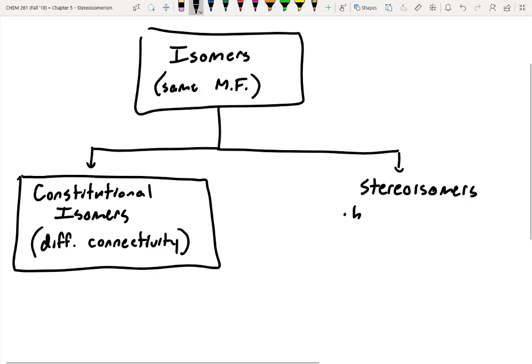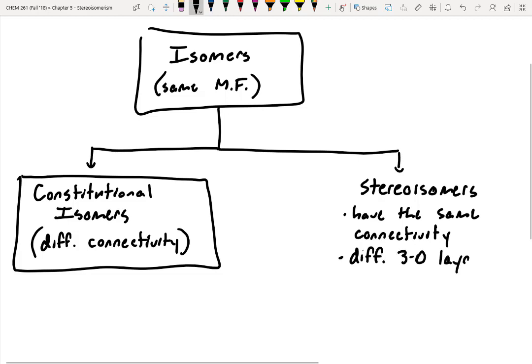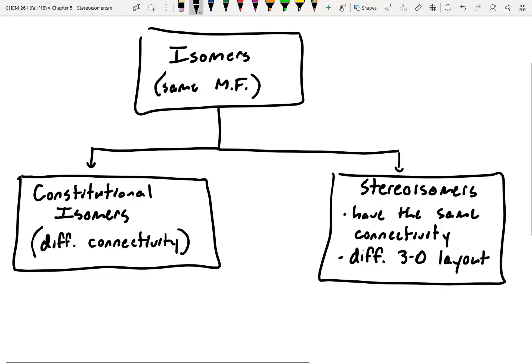Stereoisomers have the same connectivity. However, they have a different 3D layout. So we've already seen an example of stereoisomers. Those were non-superimposable mirror images, right?